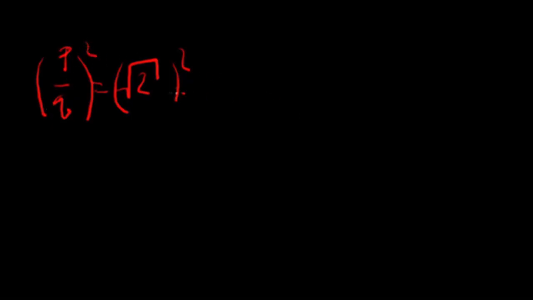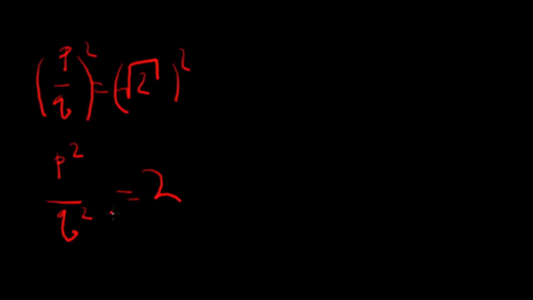Now, if we take our p over q, which is equal to the square root of 2, and square both sides, we get p squared over q squared is equal to 2.